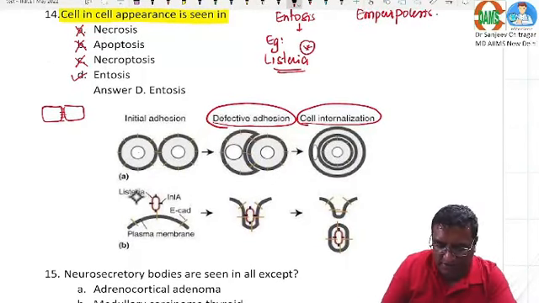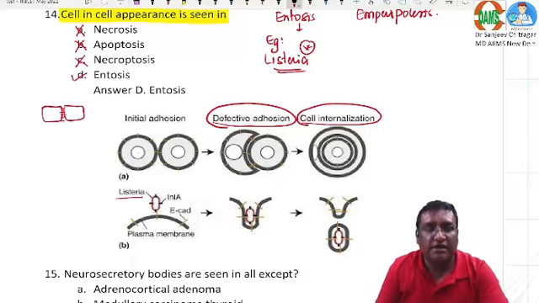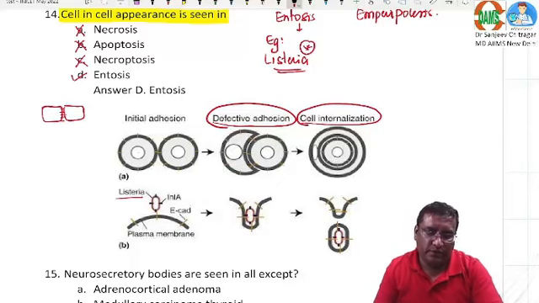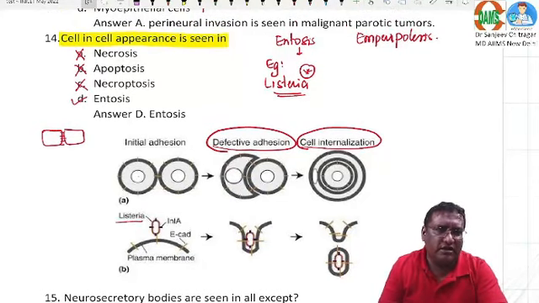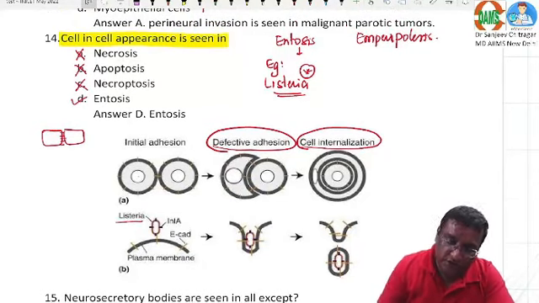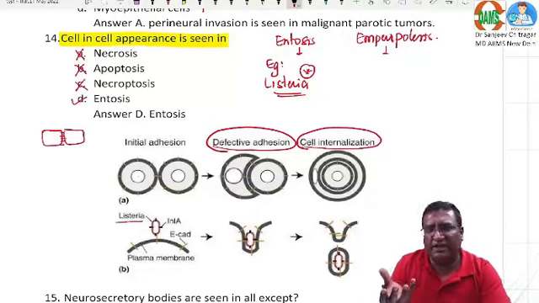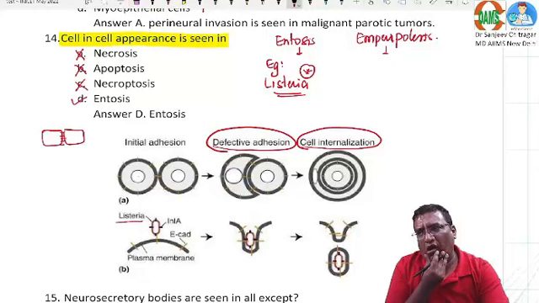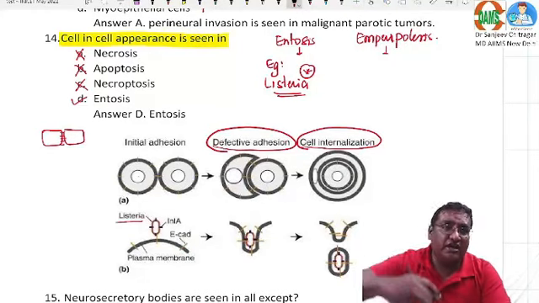So what is happening in Listeria is Listeria will go and attach to the membrane of the cell, and it will be internalized by entosis. Okay, entosis. So this is one of the mechanisms, just like your phagocytosis and pinocytosis, entosis. Emperipolesis is also sometimes cell-in-cell appearance, but basically it will be a histiocyte or any of the hematopoietic cell that would have engulfed other cells.